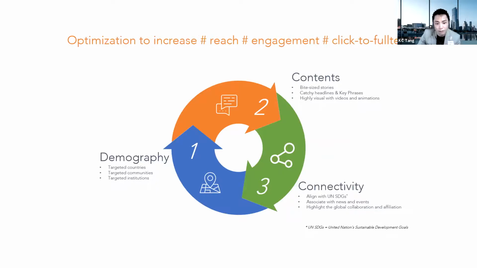The first one is the demography. Beforehand we would do the citation analysis based upon a couple of platforms like Dimensions. We will cross-check those keywords with the citation database to find out which are the top countries that heavily focus on that particular research area, based on their publication output as well as their citation count.